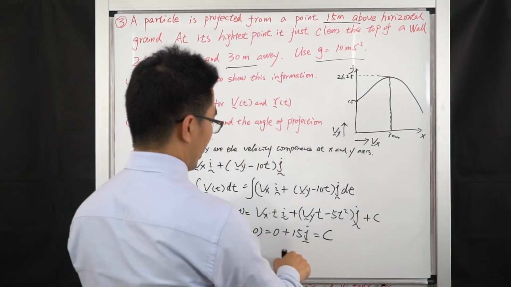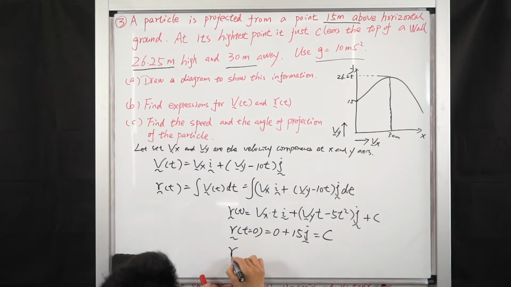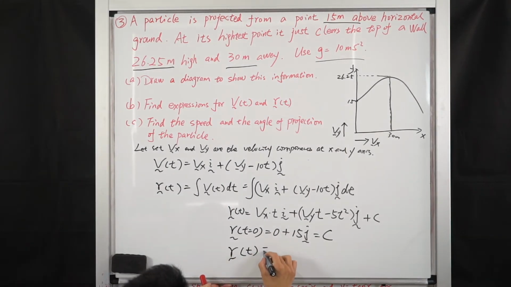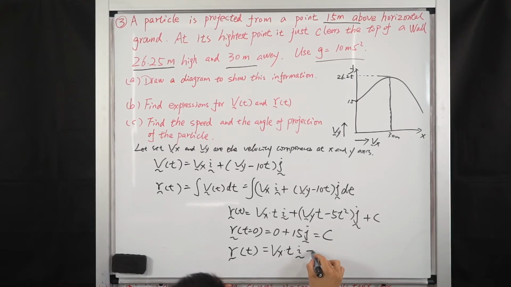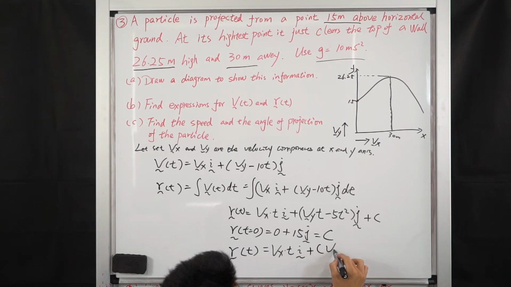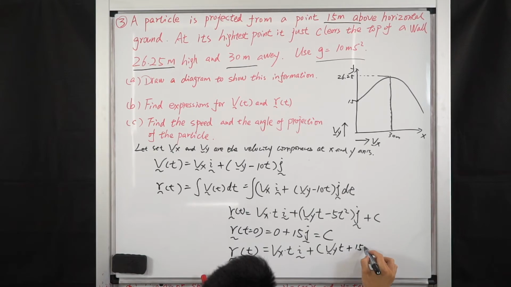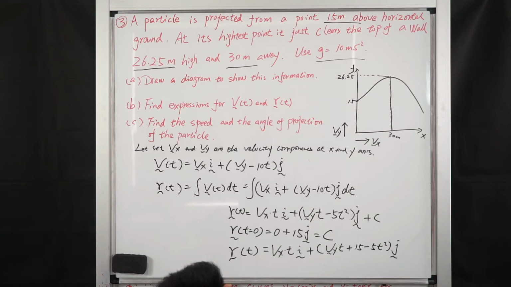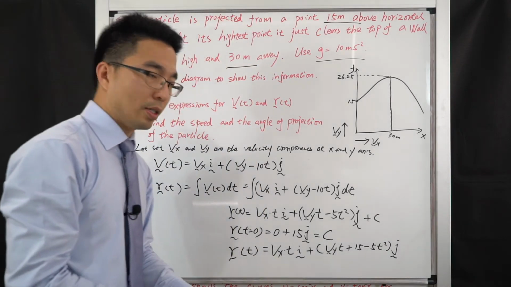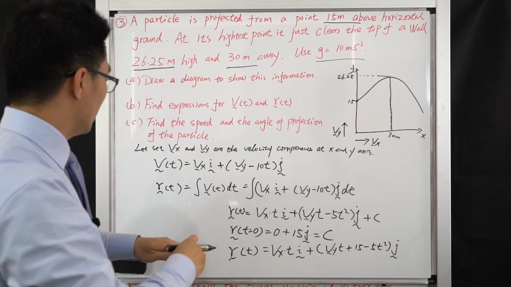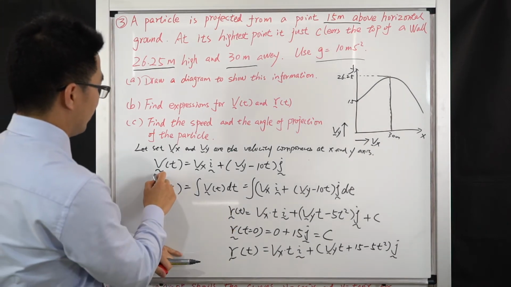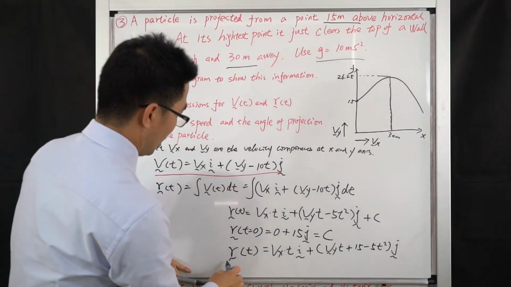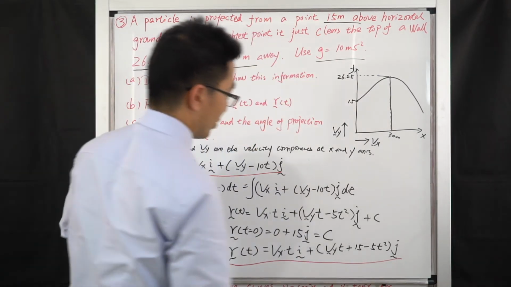So c equals 15j. Then r(t) in component form is vx t in the i component plus (vy t plus 15 minus 5t squared) in the j component. So we have done v(t) and r(t) for the second question.